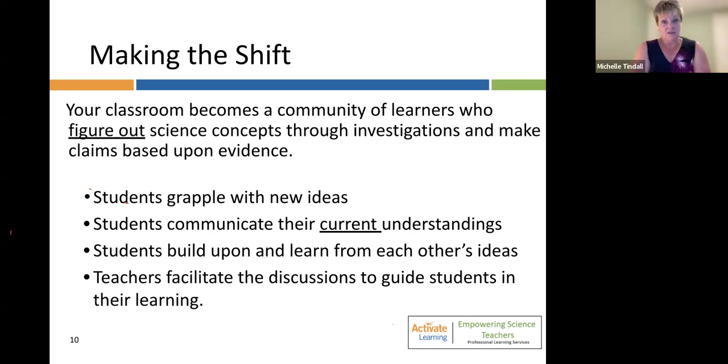We're not just giving information, we're really facilitating discussions and guiding the student learning. So thinking about this shift, we need our students to be able to work together to accomplish all this, because in isolation, they're not going to go from where their current understanding is to really understanding the content on their own, right? We're going to be building together as a group.